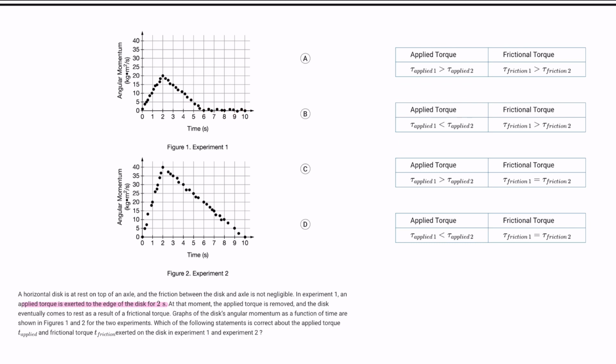So at the moment that the applied torque is removed at that 2-second mark, the disk eventually comes to rest as a result of a friction torque. That's what happens in the first 2 seconds, and then it comes to a stop due to torque by friction during this period, from the 2-second mark to about the 5.5-second mark.